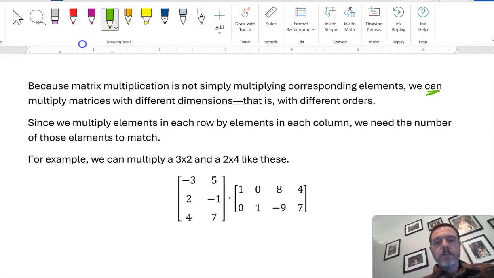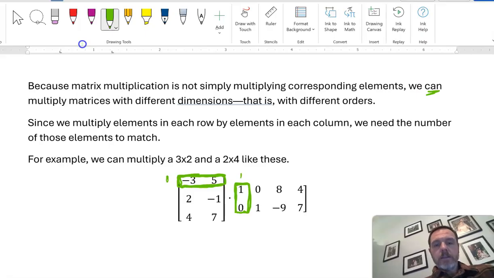Well, since we take the elements in the row of the first matrix, in this example here of matrix multiplication, I would be looking at the numbers in the rows of this matrix, for example, the top row, with the elements in the columns of the second matrix, like in this one, the column here for my first top row, left column result.